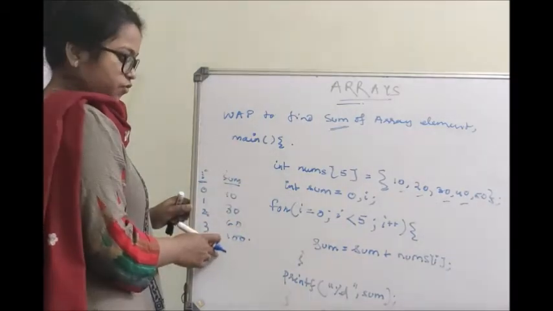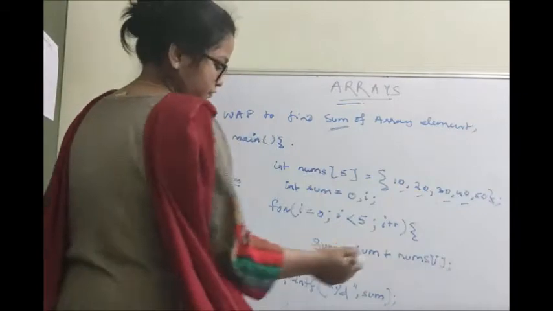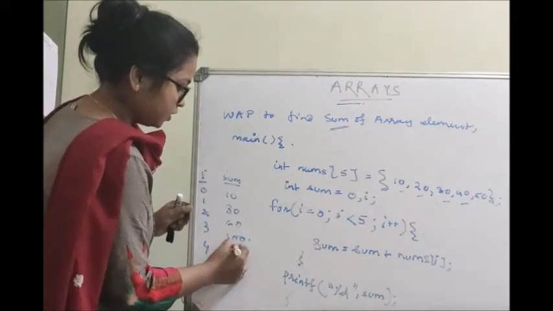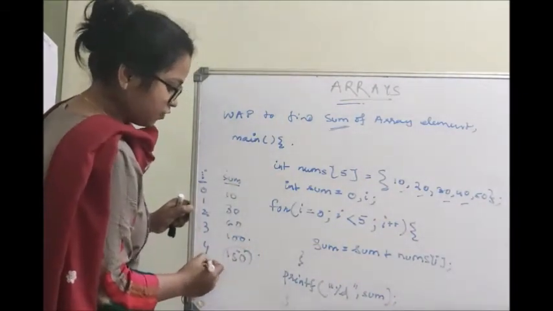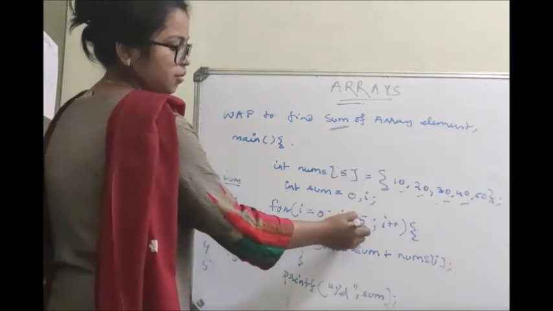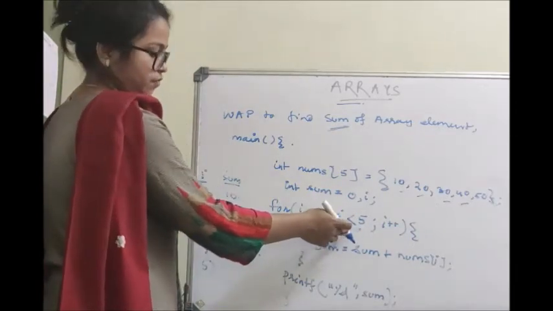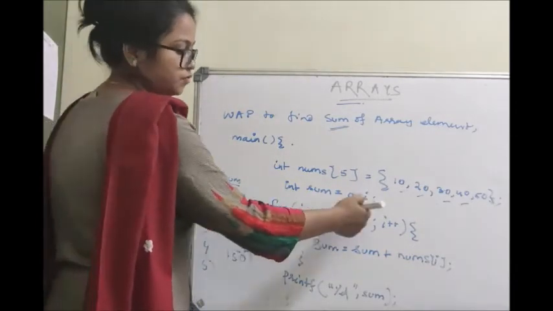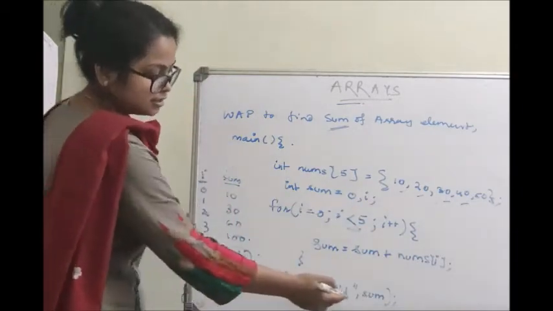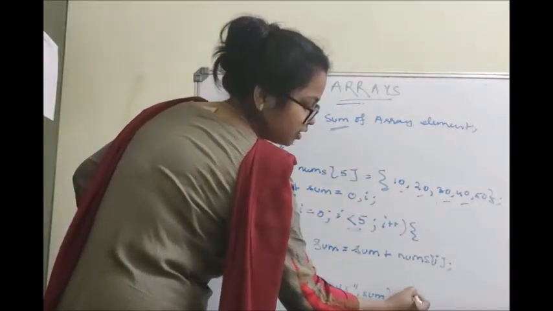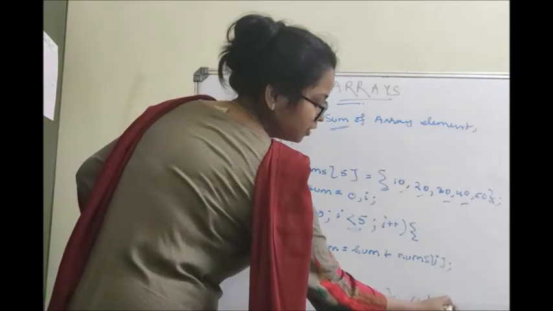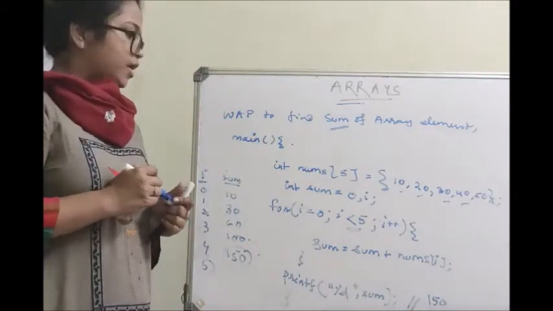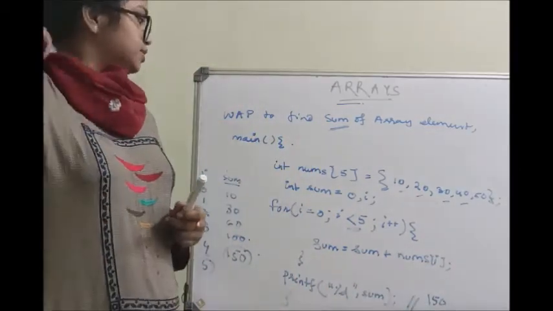When i is equal to 4, sum is 100 plus 50, that is 150. When i is equal to 5, the condition becomes false because i is not less than 5. So it comes out of the loop and sum is printed. So what is printed here? 150 is printed. I hope it is very much clear to you guys now.